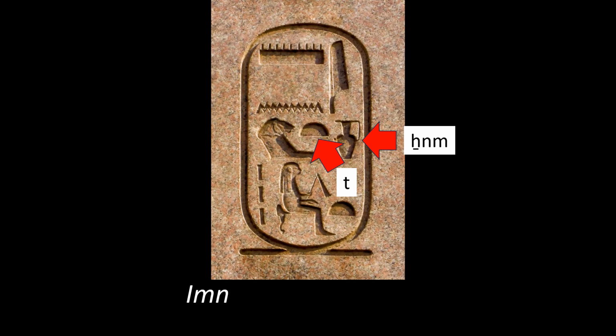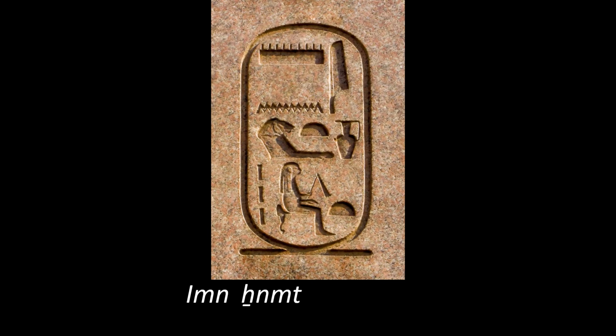Taken together, the 2 hieroglyphs read Knmt, which means united for a female. So, Imn Knmt means united to Amun, and is an attribute of Queen Hatshepsut, a sign of devotion to this deity.